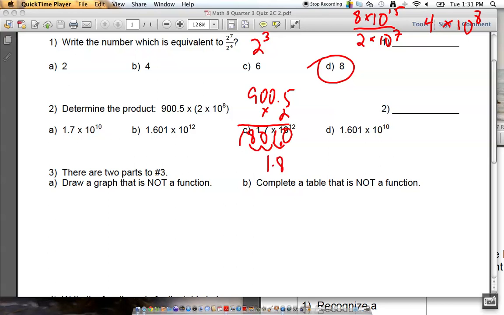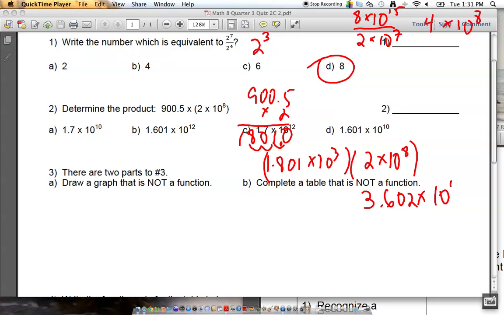So I get 1.801 times 10 to the 3rd times 2 times 10 to the 8th. And that would work out to be 3.602 times 10 to the 11th. And we didn't have that for any of the choices, so I just gave everybody credit for that.